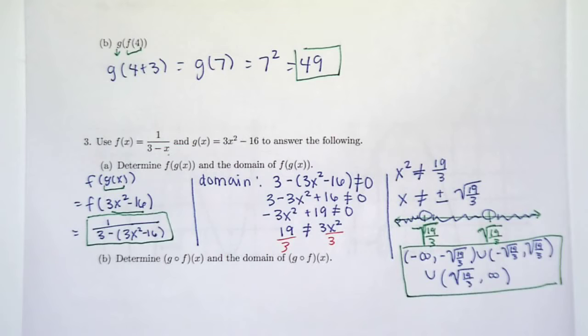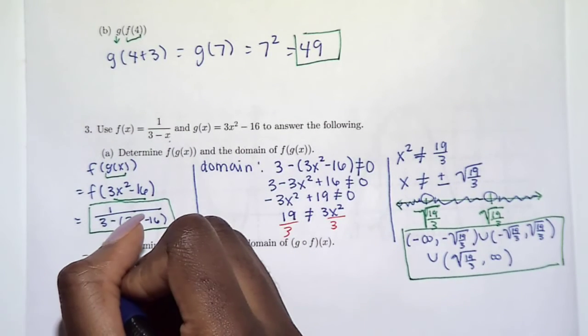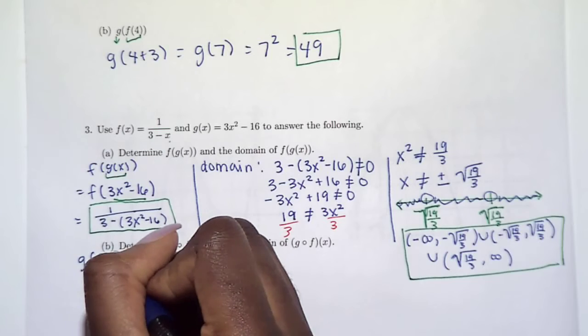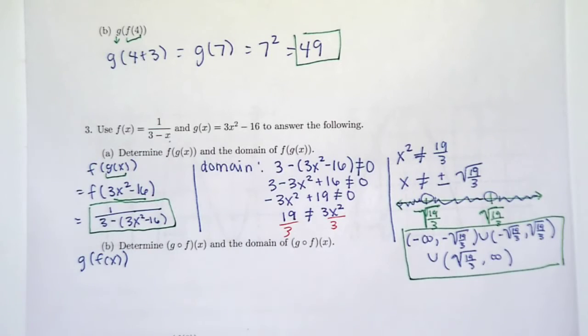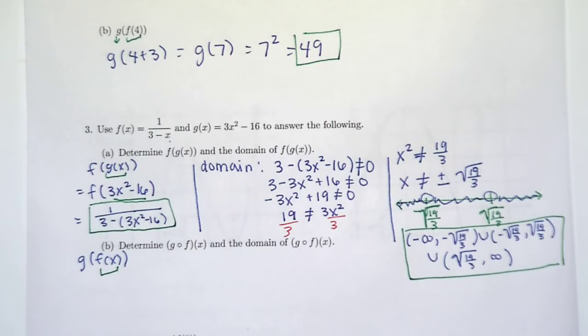Okay, all right, let's look at B. Determine g of f of x. Same two functions, different ordering. So this time we're having g and we're going to put f on the inside of it. So remember, start on the inside. All right, so I'm going to be silent and let you work through this, and you can check your answer with me.